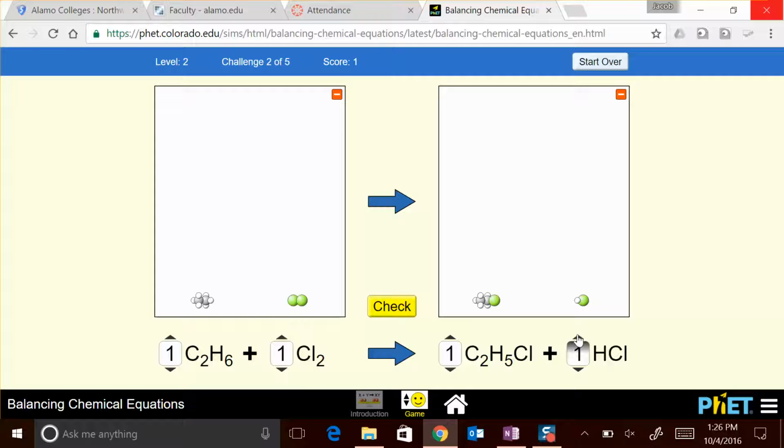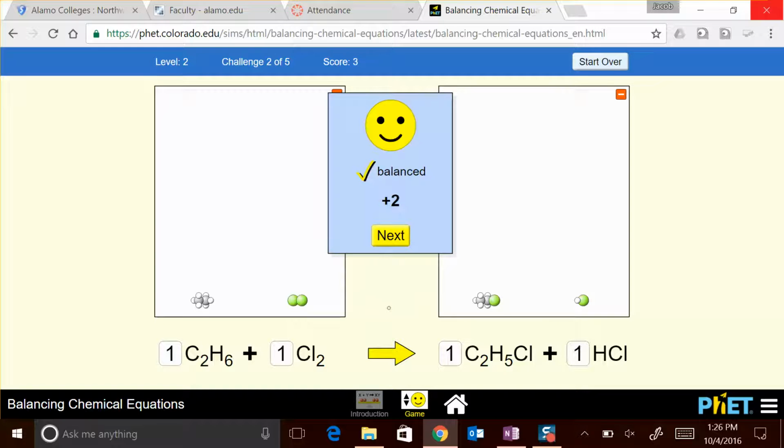Another hydrogen here. What do I need to change? It's perfect, right? It's good. It's balanced. That happens sometimes. You'll start out and you'll be like, oh, this is already balanced. Okay? Great. So just leave it alone, just like it is.